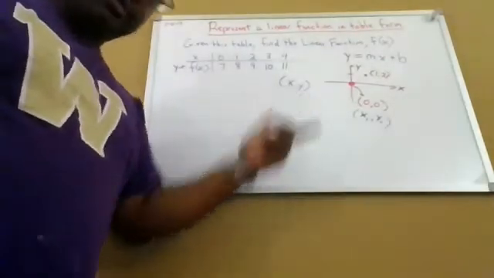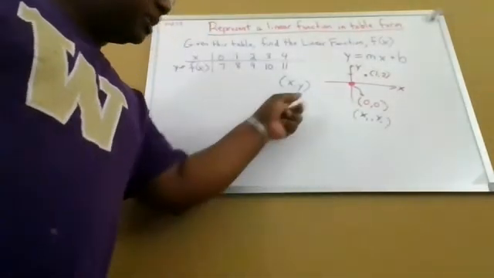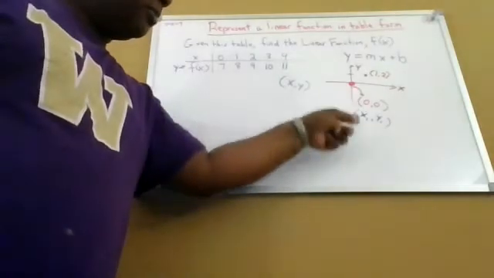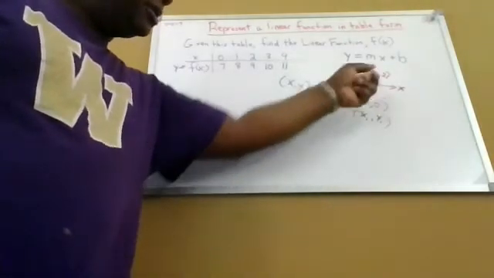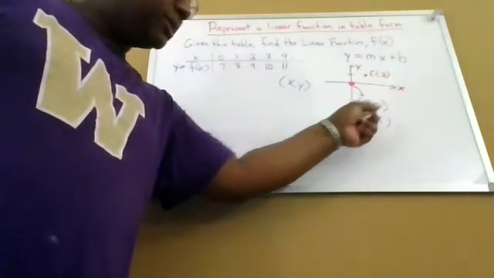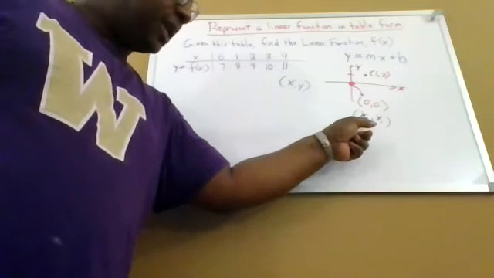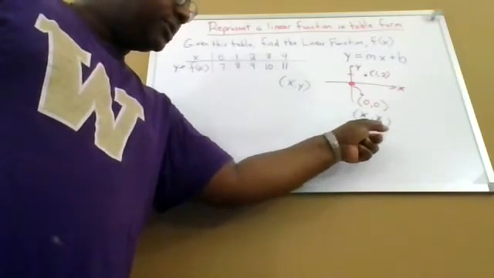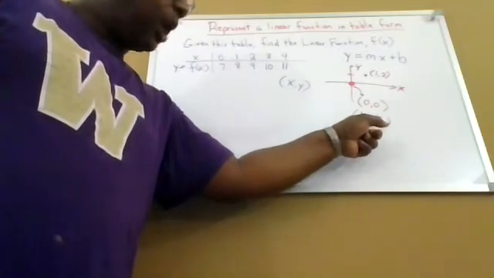If you'll remember that all pairs of numbers are normally written as x comma y, right? But if we have more than one pair, we want to identify, okay, this is my first point. So I'm going to assign 1 to x and 1 to y.